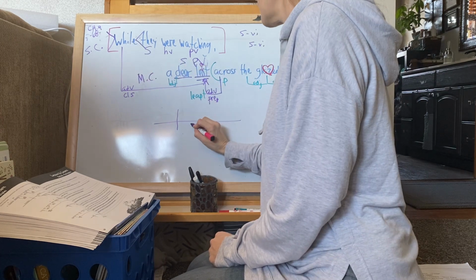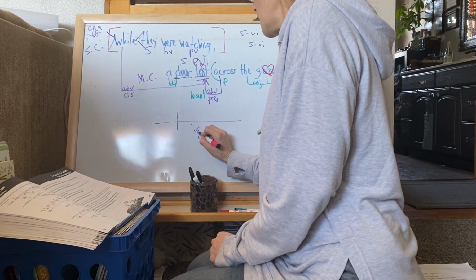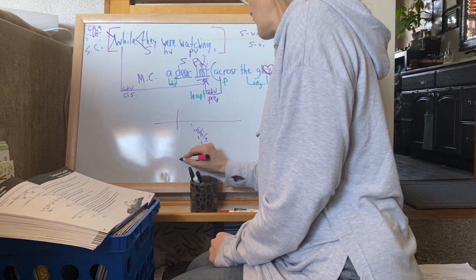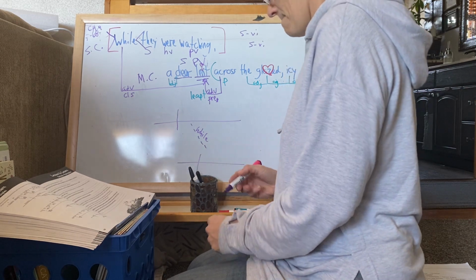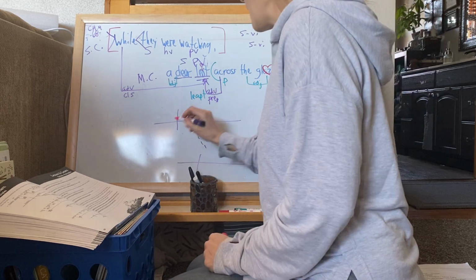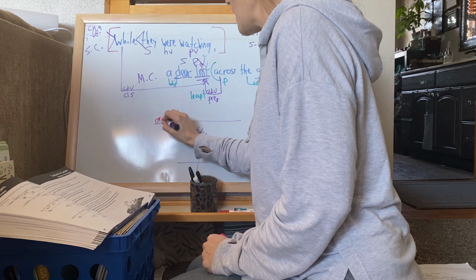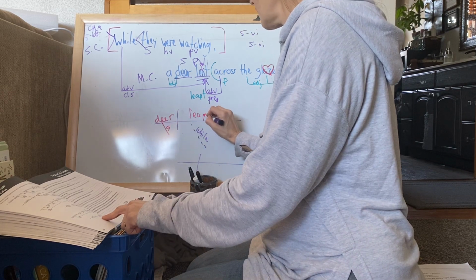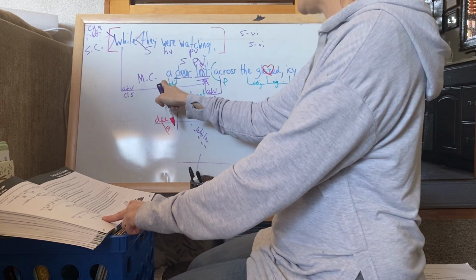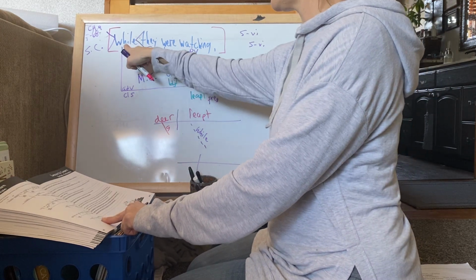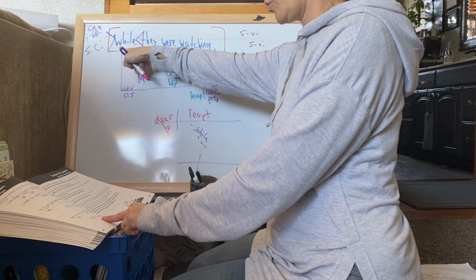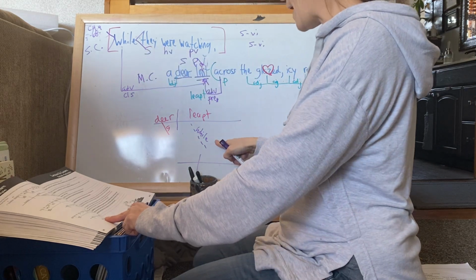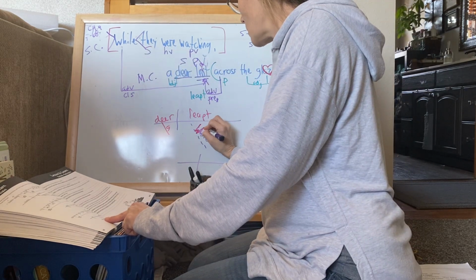While is going to go here. Okay, so we have a deer leapt. Remember, this is our main clause. This is the subordinate clause because it starts with while, right? While, make sure this is capitalized.